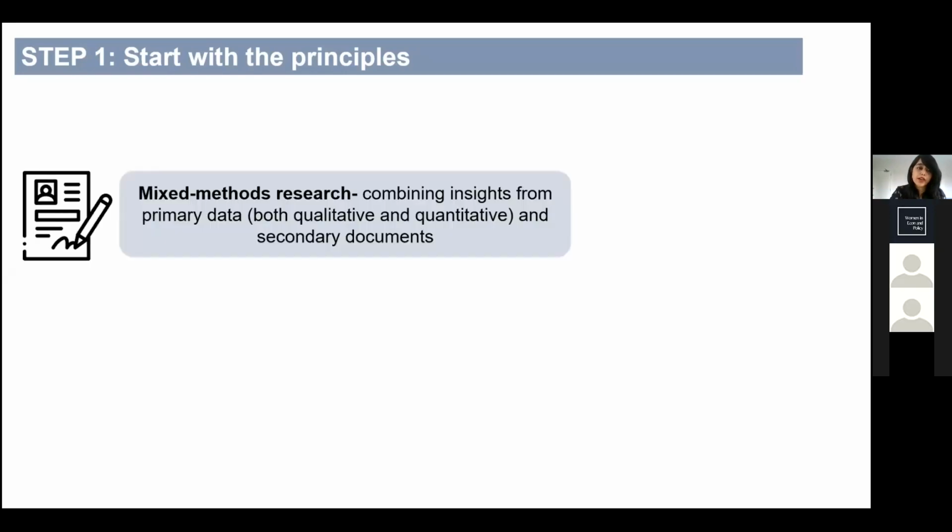All right. So the first thing that we do when we create an evaluation design is we start with the principles. How will we design our evaluations? What are the broad ideals we will be dealing with when we conduct our evaluations? One of the aspects that is increasingly becoming the rage of evaluation best practices is mixed methods research, wherein you combine insights from the primary data, which can be both qualitative as well as quantitative, and the secondary data.